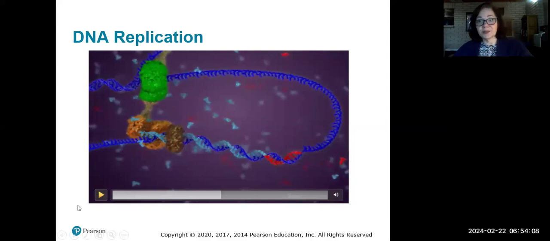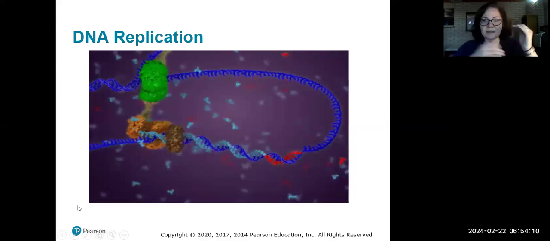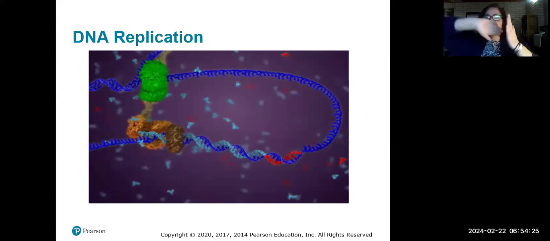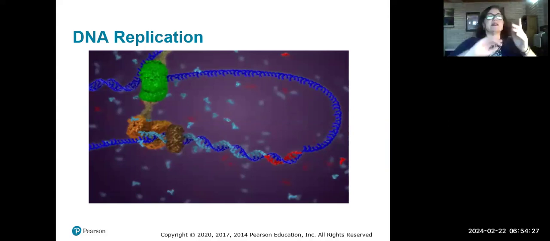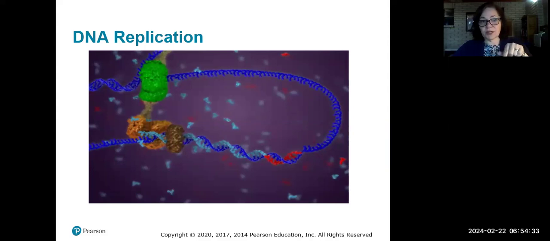I'm going to give you another analogy to understand having to build in opposite directions. You heard the term anti-parallel. As a student, I thought anti-parallel must mean perpendicular, and it doesn't. It just means moving in opposite directions. Think of traffic directions on I-25. You've got northbound traffic and you've got southbound traffic.